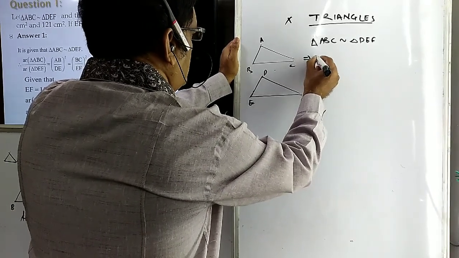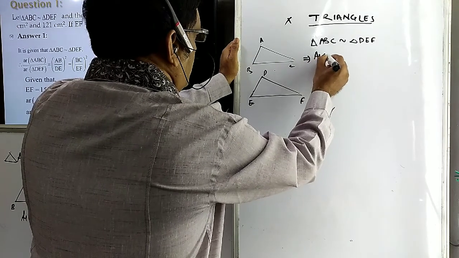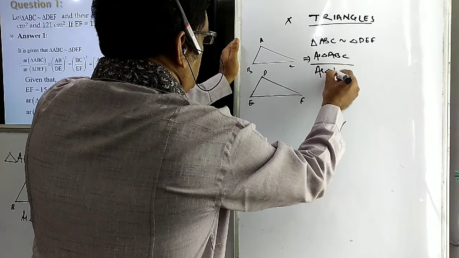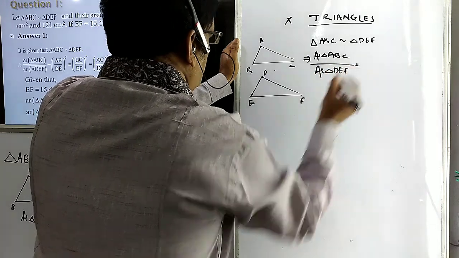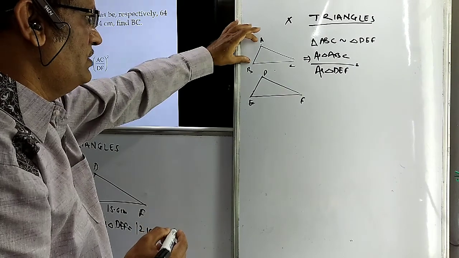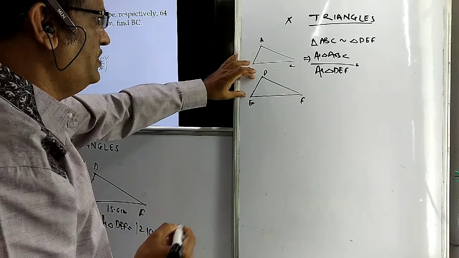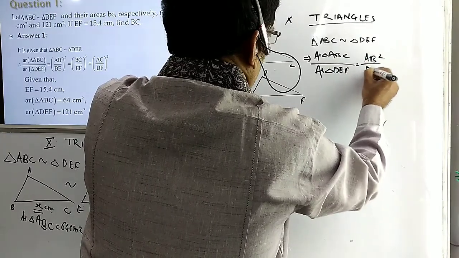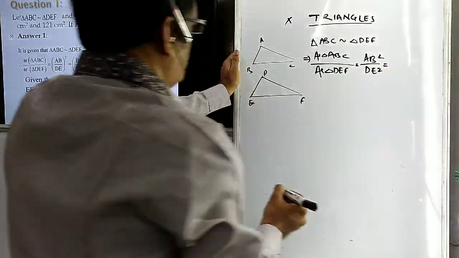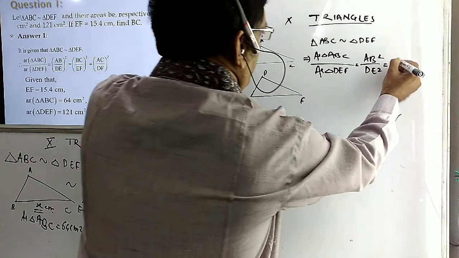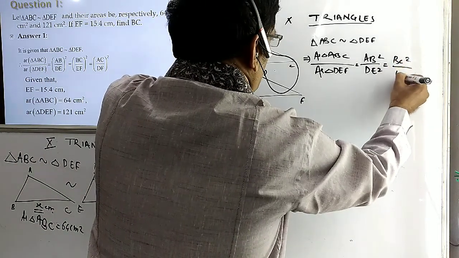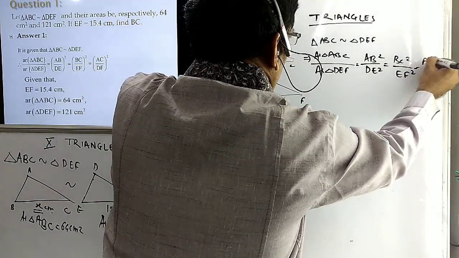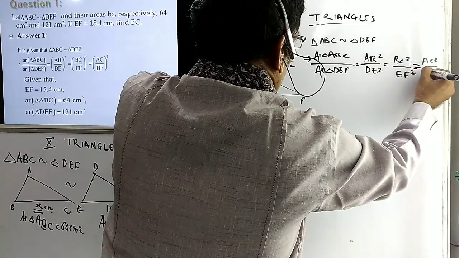This implies area of triangle ABC by area of triangle DEF equals ratio of square of their corresponding sides. Corresponding side of AB is DE, so it is equal to AB square by DE square, that is equal to BC square by EF square, and that is equal to AC square by DF square.